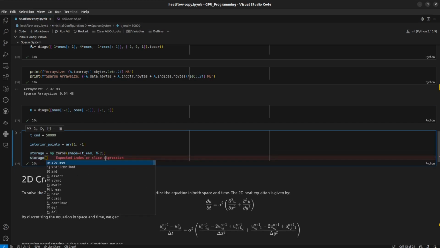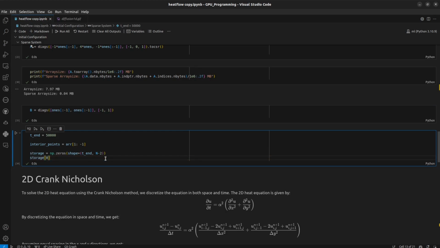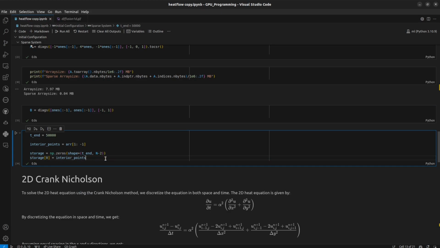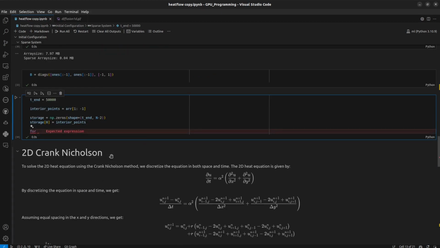And for the first value in our storage, we're going to just save the current state of the interior points. Okay, then we can iterate.